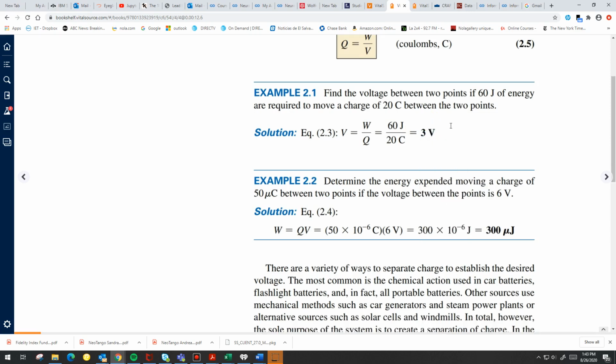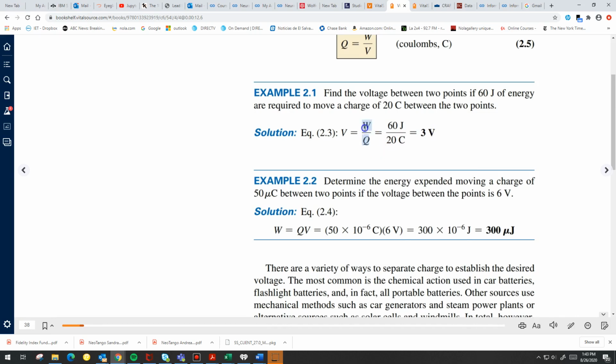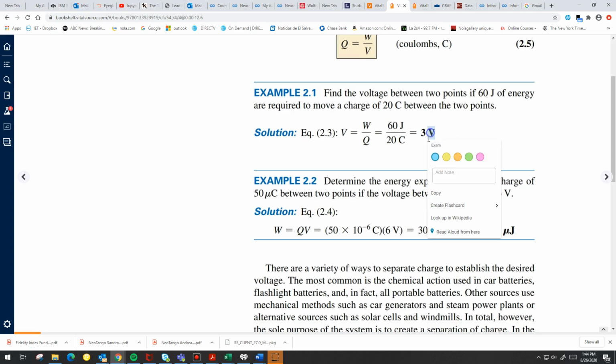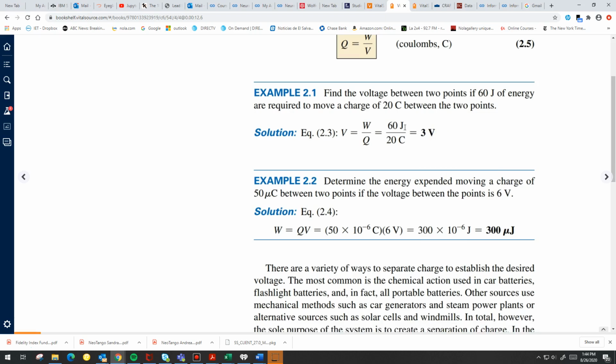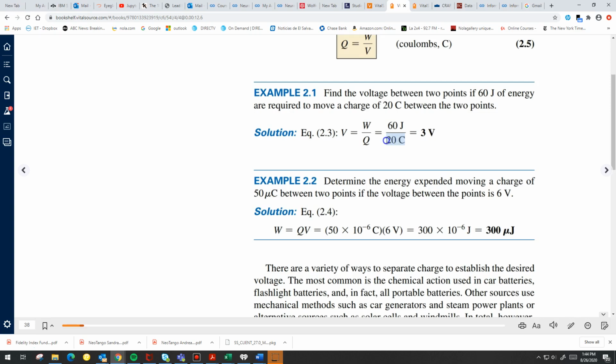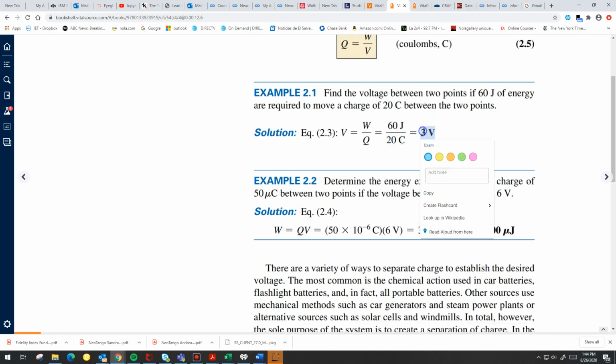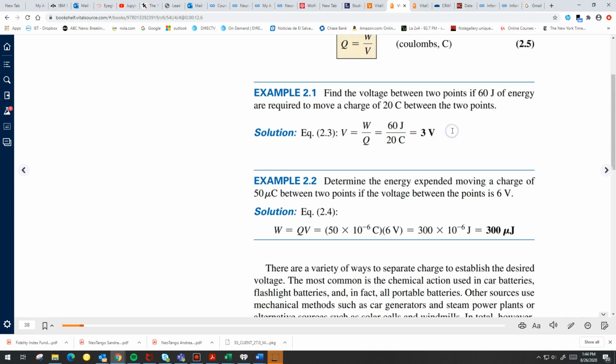Now notice another important thing: if the units of energy are joules and the units of charge are coulombs, then automatically, because of the equation, the units of voltage are going to be volts. So this reads 3 volts. You understand? Just like this reads 60 joules and this reads 20 coulombs, this reads 3 volts. Not 3V, it reads 3 volts.